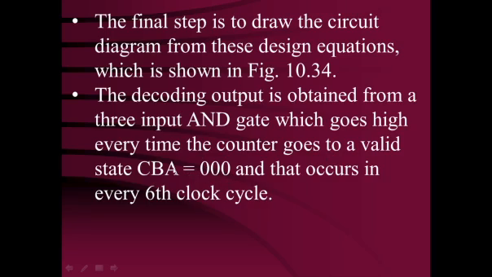So whenever there is the state 0, 0, 0, the outputs C bar, B bar and A bar are going to be high. So if the inputs of the three input AND gate are C bar, B bar and A bar, then the output is going to be high only once every 6 clock pulses, and that way it will show decoding of the state 0, 0, 0.